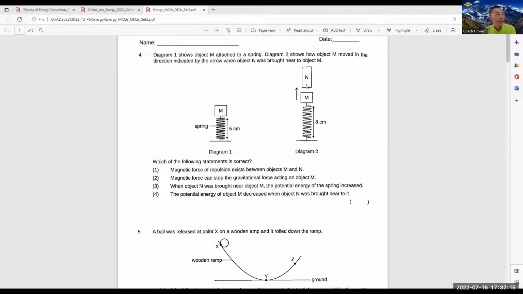Okay, notice here when N is there, so it's going up. Zhixiong correct. Nathan correct. For the rest, Natalie correct. Okay, so the answer is this.